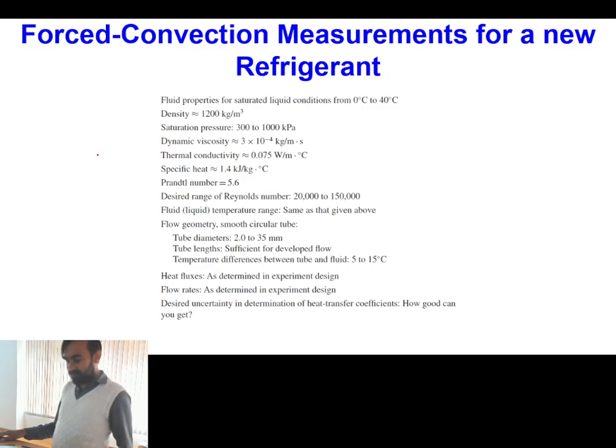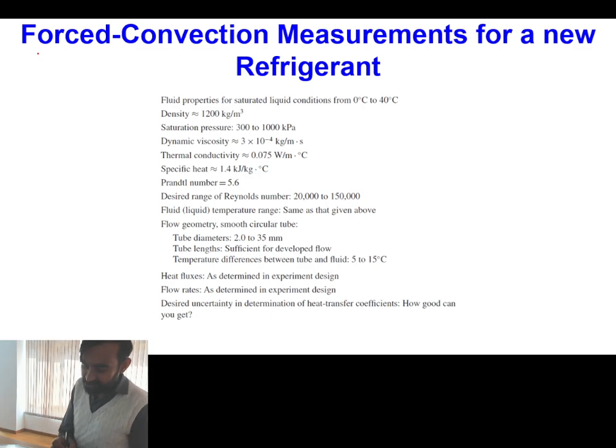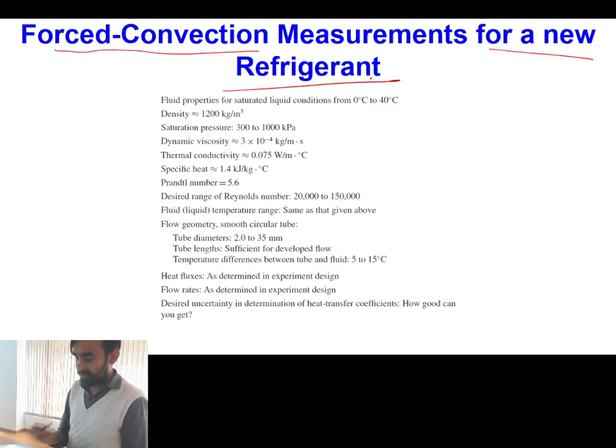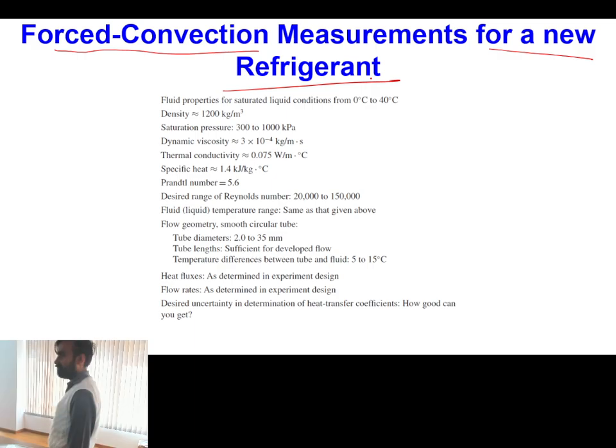So let's try to understand all these procedures with the help of one experiment where our objective is to determine the forced convection measurements for a new refrigerant. What is the meaning of this?